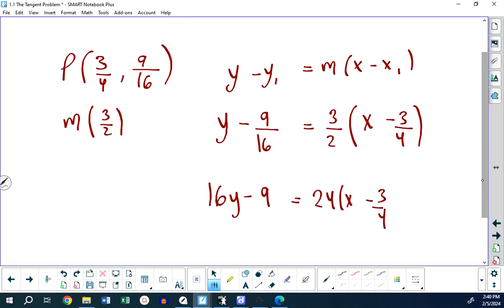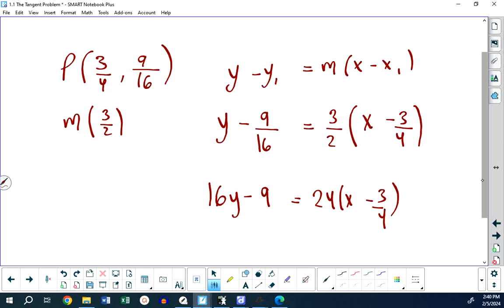Okay? 16 times y is 16y. 16 over 16 is 1, so you're left with minus 9. 3/2 times 16 is, well, 16 over 2 is 8, times 3 is 24. And then you have the x minus 3/4. I'm saying why bother to do that? Because now you have to expand this out, and then you're going to have to get rid of more fractions. Why not expand the whole thing out and get rid of the fractions in one fell swoop? I don't care. It's just a piece of advice.